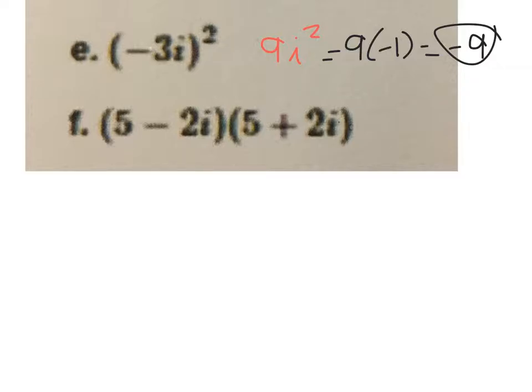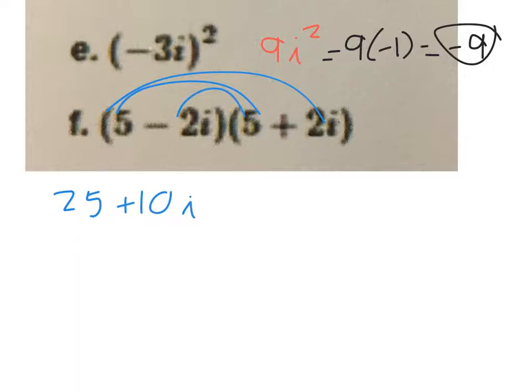Okay, then the last one are two complex numbers, which look like binomials, right? Two terms in them. Two complex numbers being multiplied, so we have to distribute. 5 times 5 is 25. 5 times 2i is positive 10i. Negative 2i times 5 is negative 10i. And then negative 2i times positive 2i is negative 4i squared.